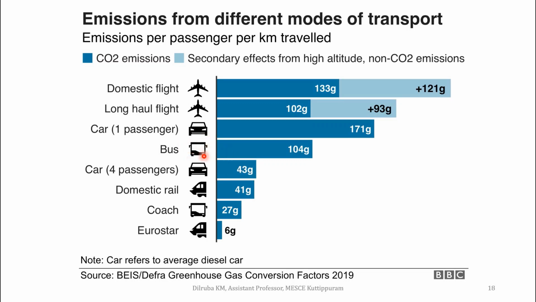And if you are depending upon the bus, then a bus is emitting 104 gram for each person. For domestic rail, it is only 41 gram. For coaches, it's only 27 gram. And Eurostar, it's only 6 gram. So, these are the emissions from different modes of transport.